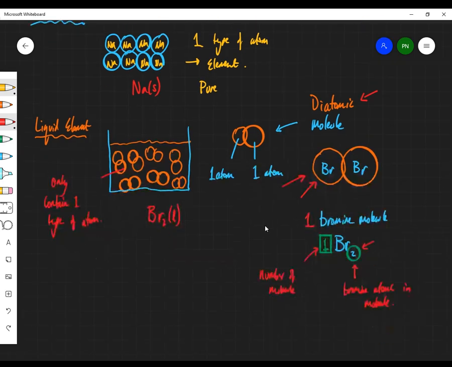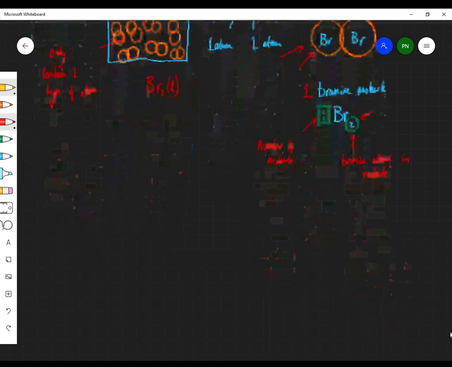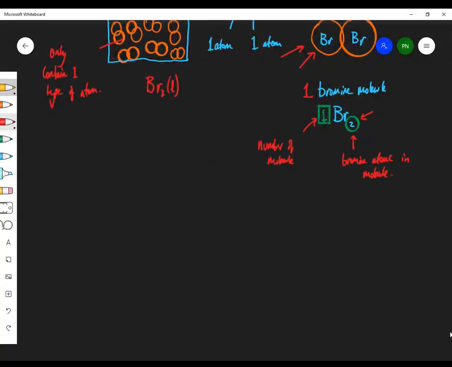Let's do a gaseous element now. This is the most simple, as it were. All right, let's write this down. What would a nice gaseous element be? Well, obviously it can contain one type of atom. So let's try and draw a nice box to keep the atoms in.